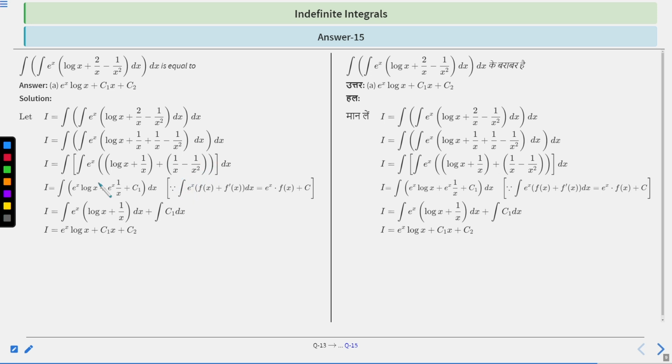You can easily observe why we have done this: why we have separated these things, log x plus 1 by x and 1 by x minus 1 by x square, dx.